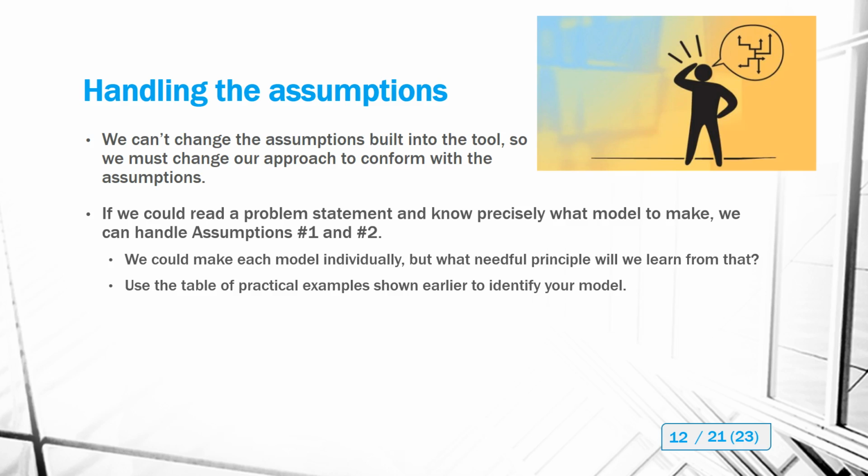So let's handle those first two assumptions built into the software by using that table of practical examples that I showed earlier to identify your model. I actually went through your homework problems and looked at the model types for each one and used that information to inform that table. Okay, again, you don't need to go back and copy it.